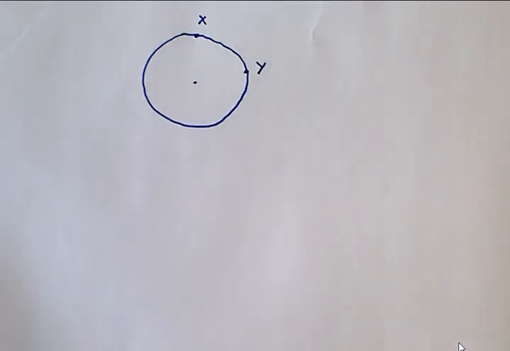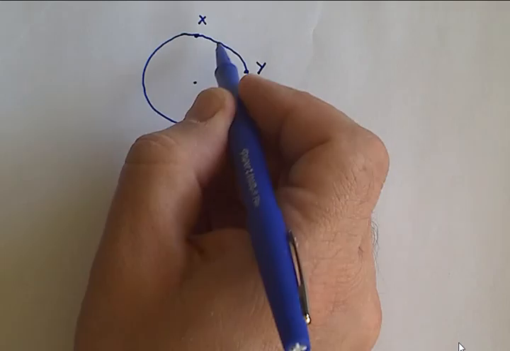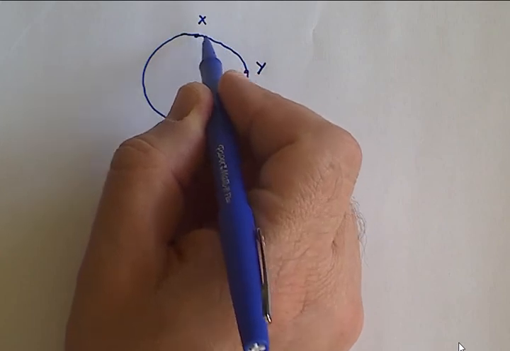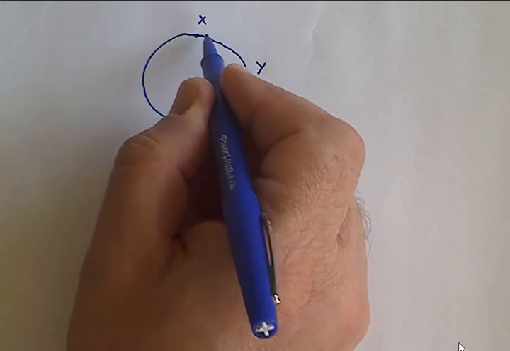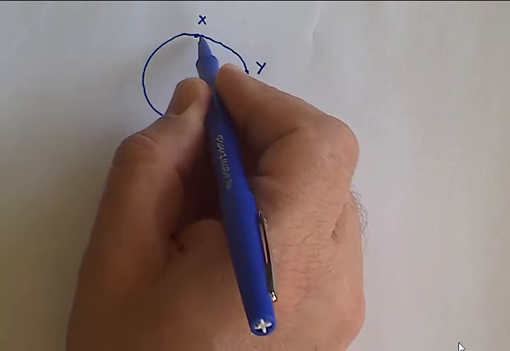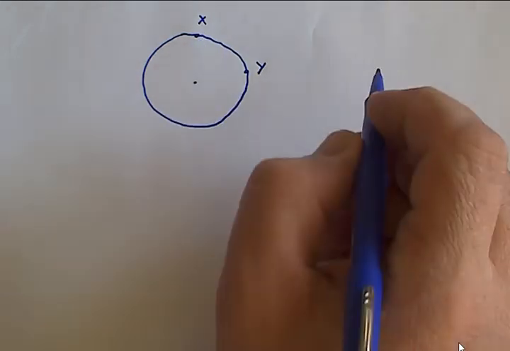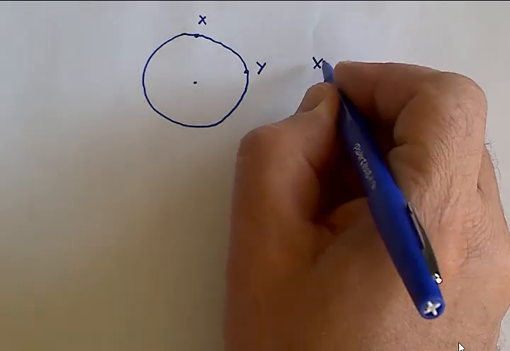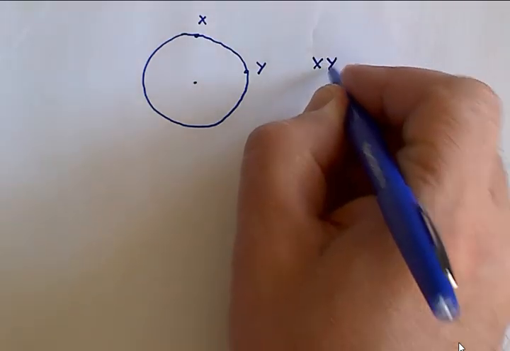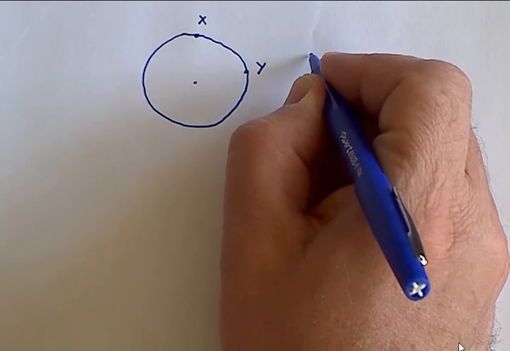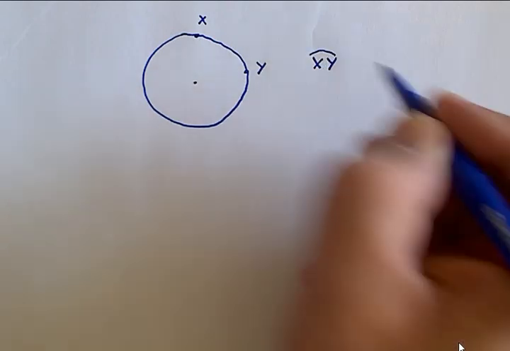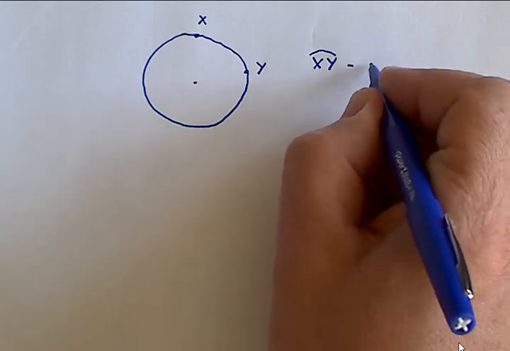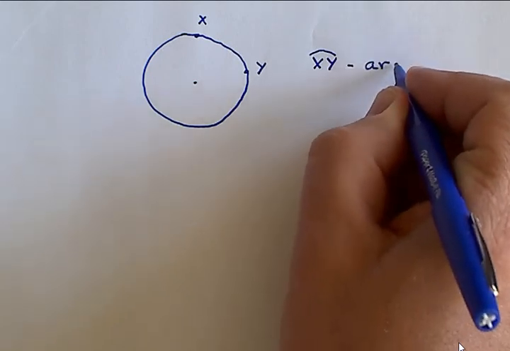Now, when you look at the part of the circle from X to Y, that unbroken part of a circle is called an arc. So XY, we're going to put this little umbrella over the top of it here. Okay, XY is called an arc, A-R-C.